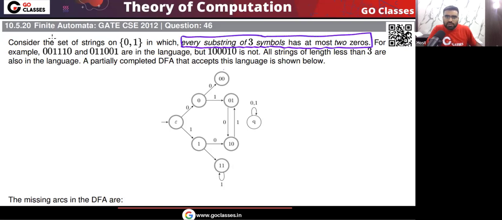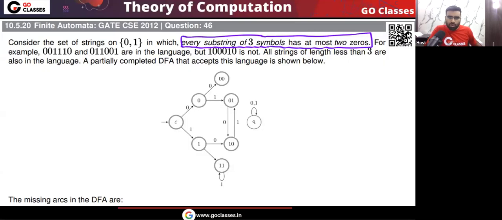Tell me what this line is telling you. Every substring of three symbols has at most two zeros. Can anyone tell me what this line tells you? If you take any substring of three symbols, then they will have at most two zeros. Means you can have 0, 0, but not 0, 0, 0.